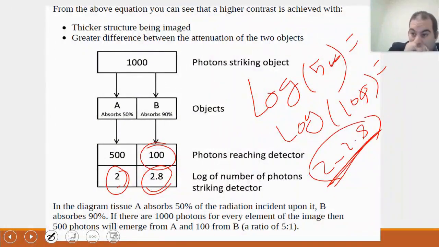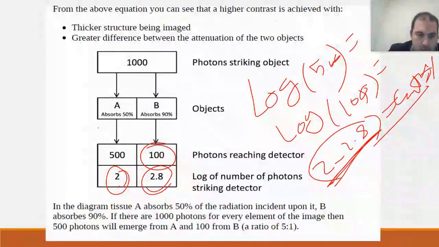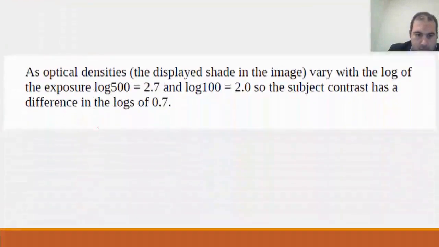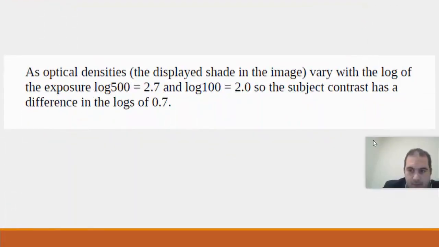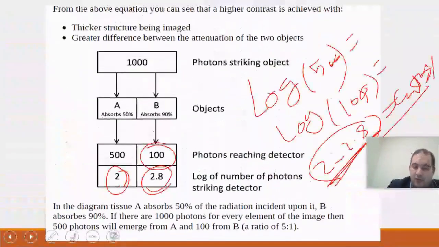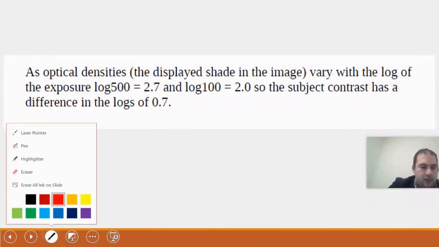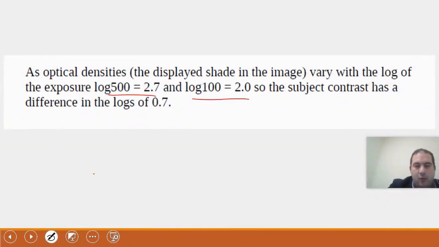The difference between the transmitted photons coming from the two objects represents your contrast. What will the difference in the logs be? It will be 0.7. This amount represents the subject contrast that exists.